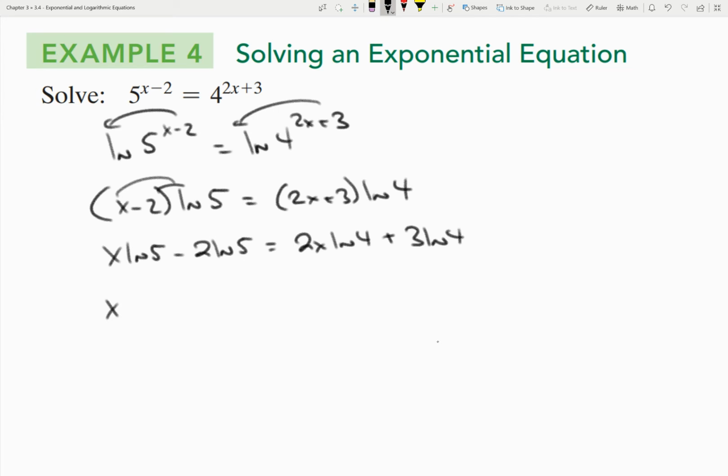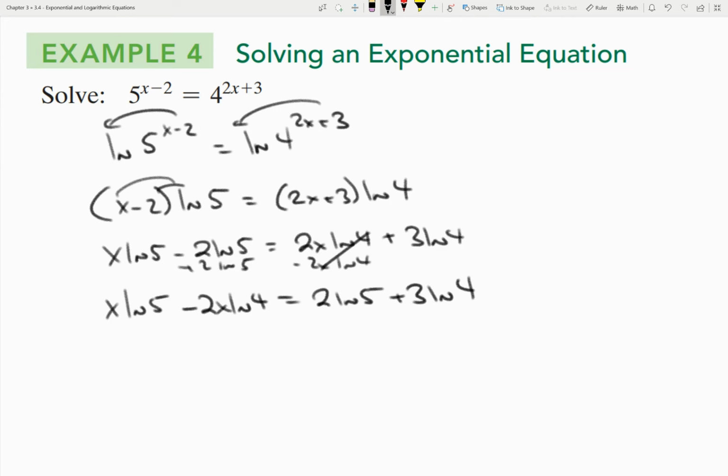So I'm going to leave this one here, but I'm going to subtract 2x natural log 4 from both sides. Okay. And then I'm going to add 2 natural log 5 to both sides because I only want the left side to have x's because then I can factor it out. Minus 2 natural log 4.